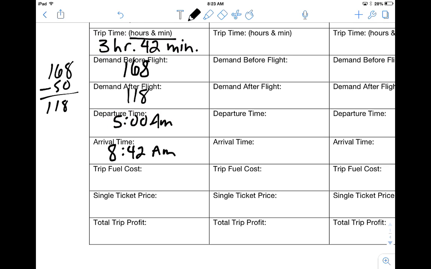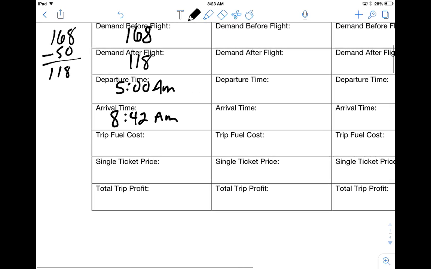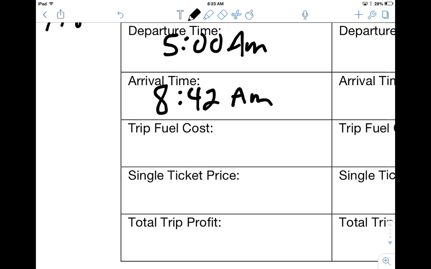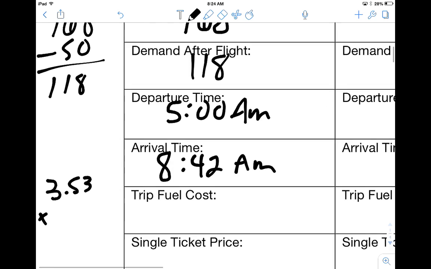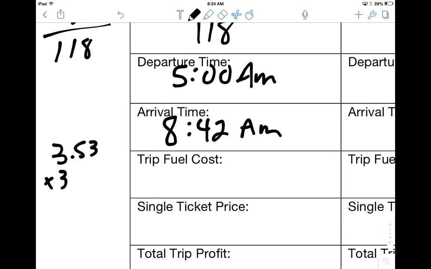Okay, fuel cost. Now we know that fuel costs, let's see, for the Embraer it's $3.53 per kilometer. Okay, so I'm going to work it out over here. So for the Embraer it's $3.53, so $3.53 times 3408. I'm going to do that on my calculator here.